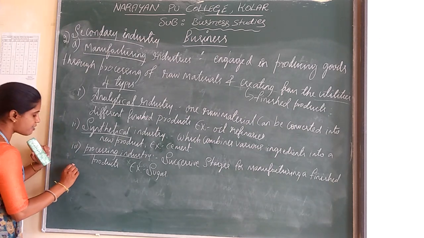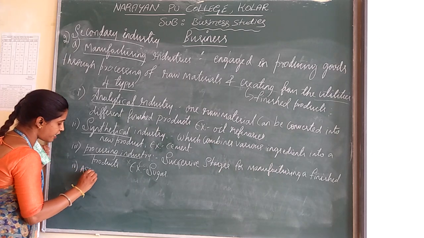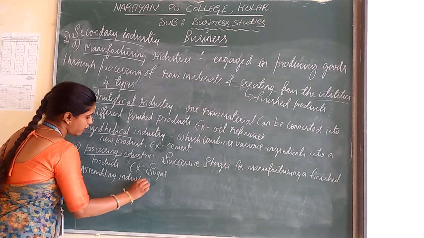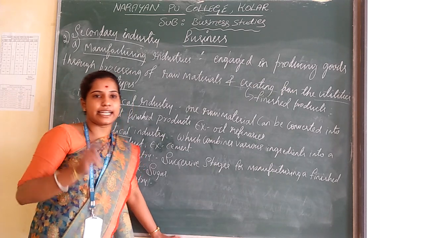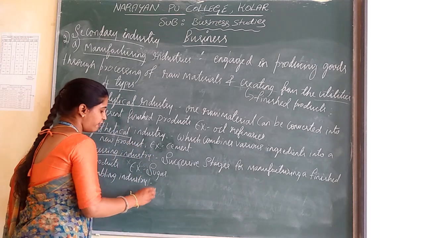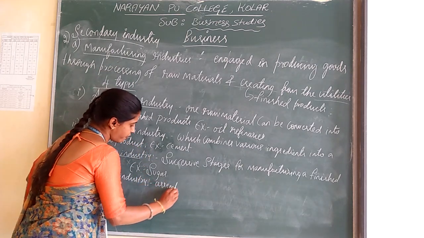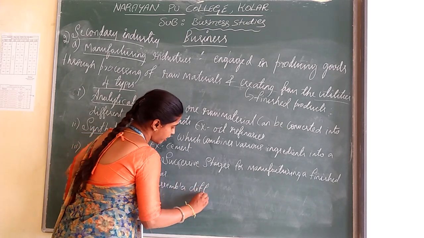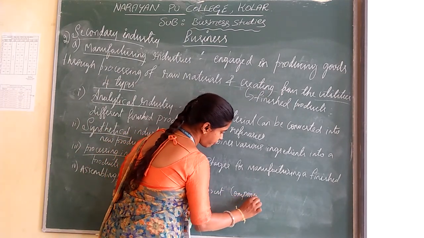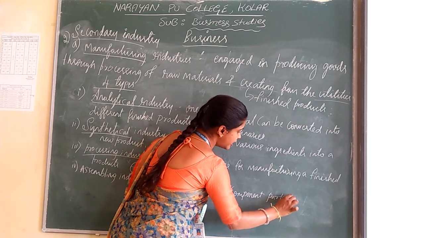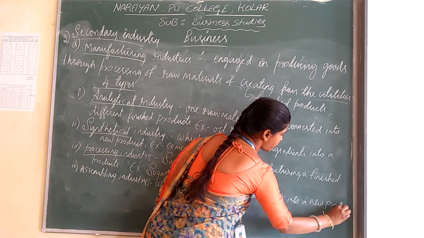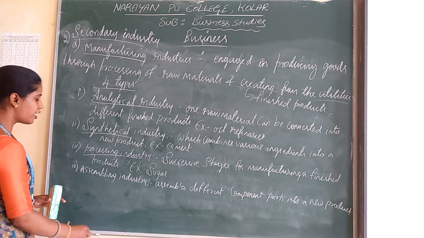And the fourth one is assembling industry. The assembling industry assembles different component parts into a new product.